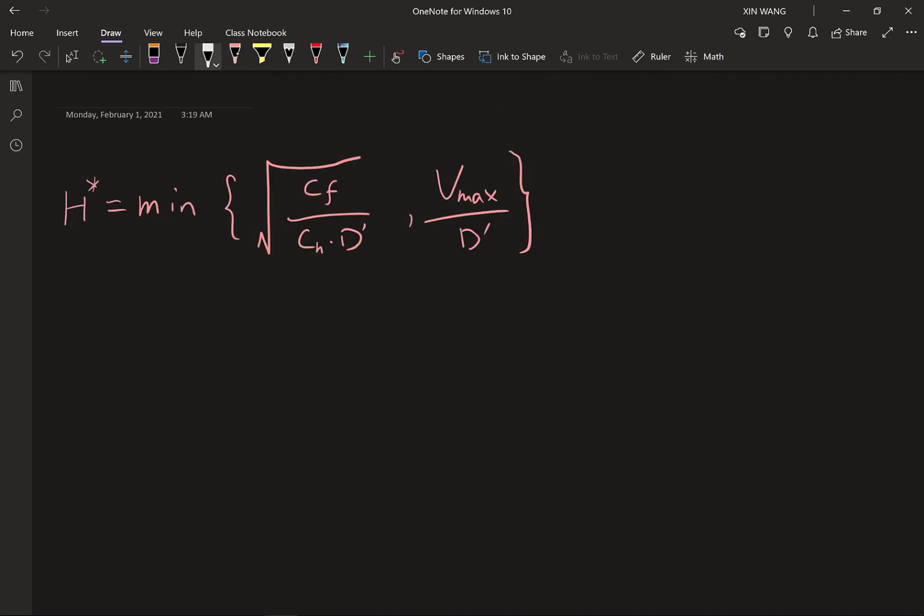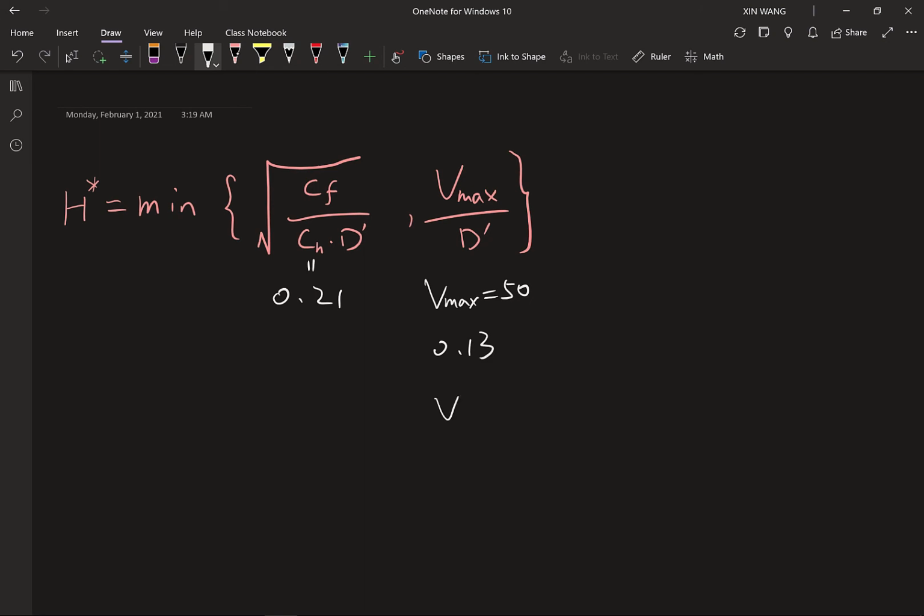In our previous example, we calculated that the optimum solution given by the first order condition is 0.21. Given the Vmax value, let's say Vmax is 50, we have a bounded value for headway of 0.13.